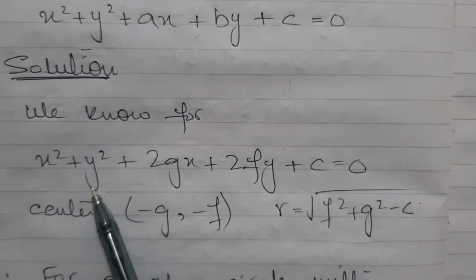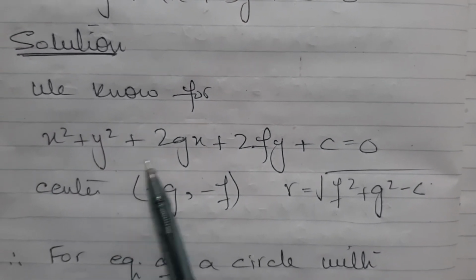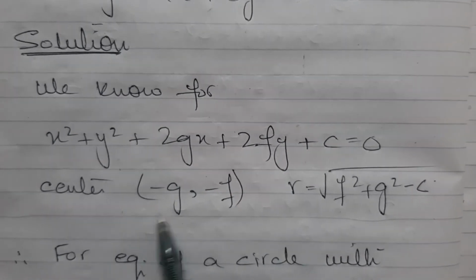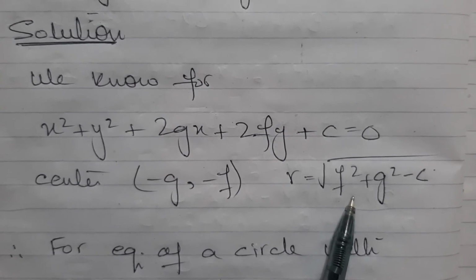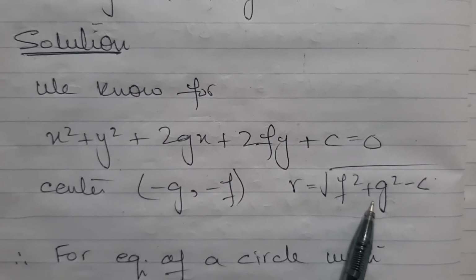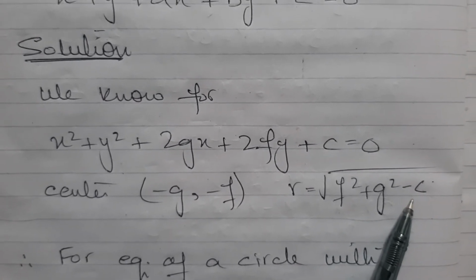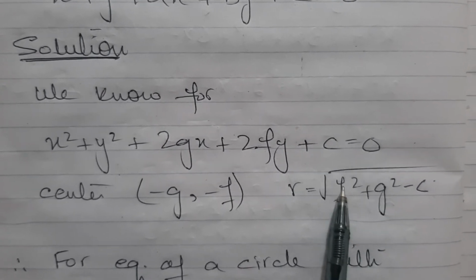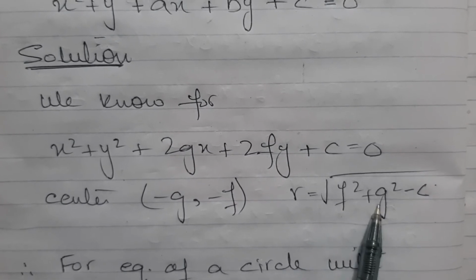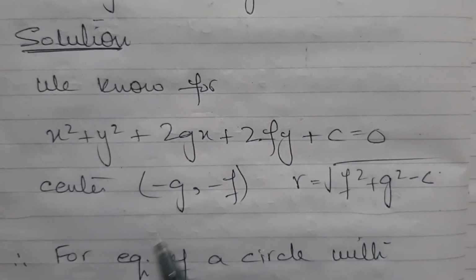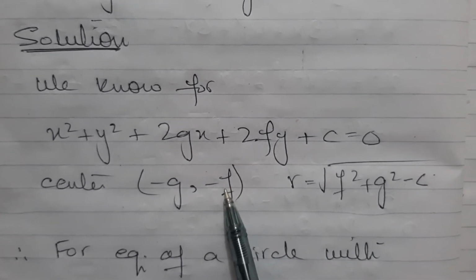Now what we know is that if the equation of the circle is given in this form, then -g, -f is the center of the circle, and the radius is the square root of f square plus g square minus c. So do not get confused, you can write g first, f second, it doesn't matter, both are squared and both are added. Do not get confused about why I'm writing f first.